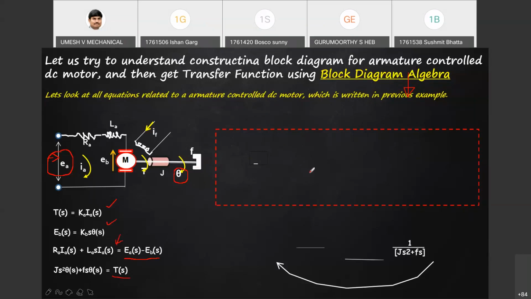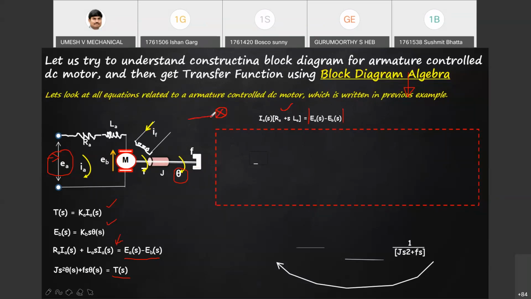How do you write it in the form of a block diagram? First you consider this equation: EA, the applied voltage, minus back EMF is equal to this term. This minus that happens by a comparator. I have a comparator.